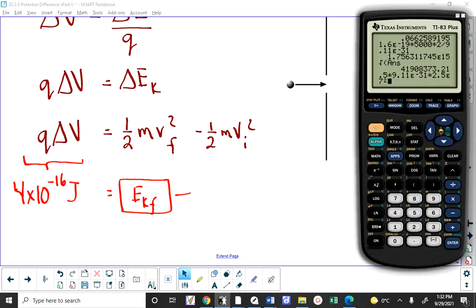So I'm taking 0.5 times the mass of an electron times the speed squared. And I get this number. Do you get that number as well? Yeah. So 2.85 times 10 to the negative 16.